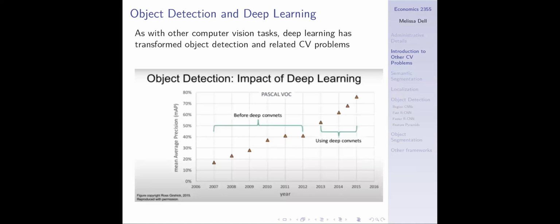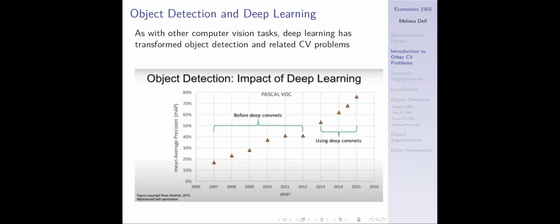So object detection, which is finding specific objects in images, as with other computer vision tasks, has been transformed by deep learning. And so this is another contest. This is a data set called Pascal VOC, which is an object detection data set that goes way back in time. This contest started in 2007.